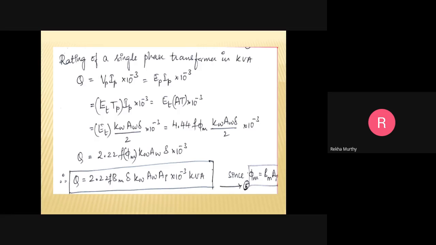EMF per turn means E divided by T. If you multiply it again by turns, the turns cancel, and finally EMF remains. So that is the technique by which I have written this EP in a different way: a multiplication of EMF per turn multiplied by turns.